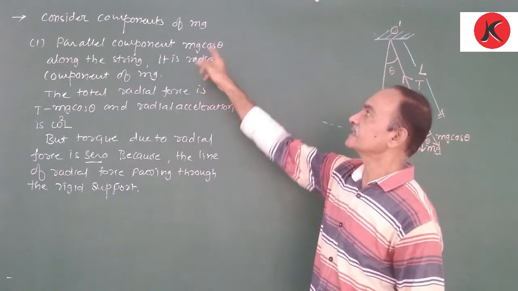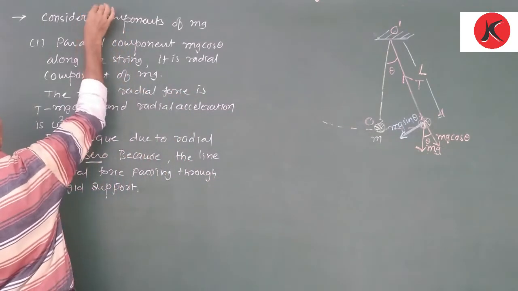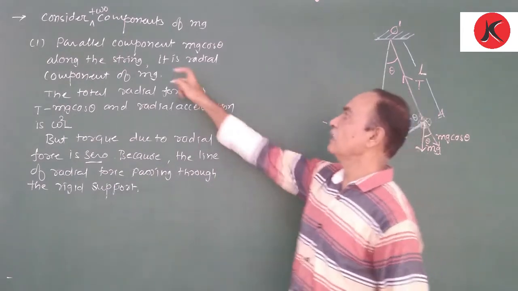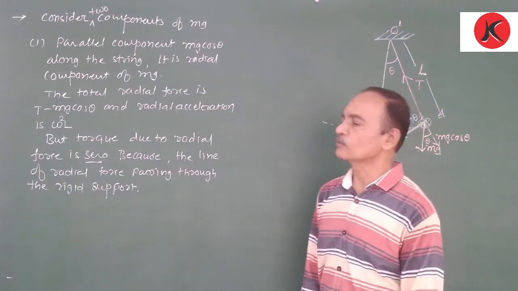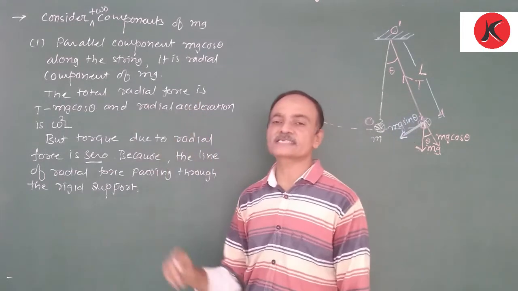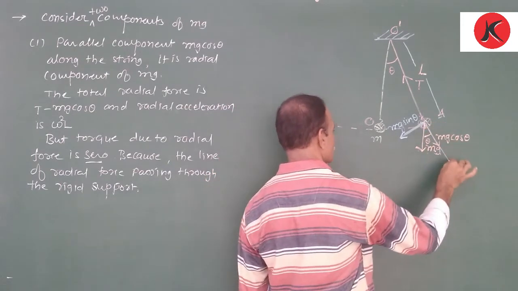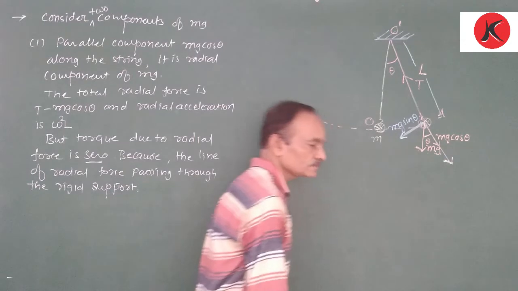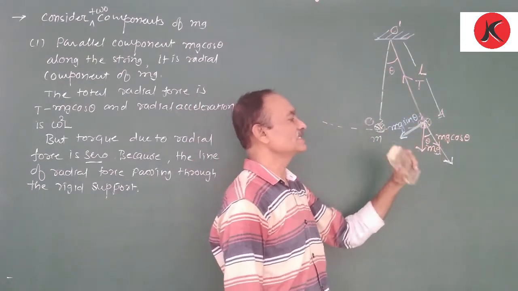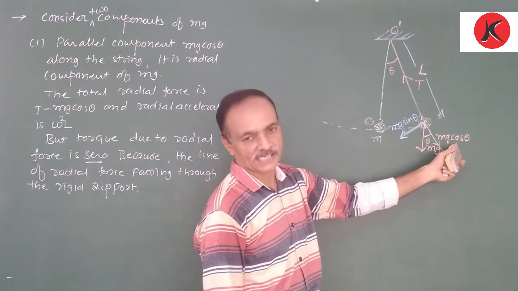Again, we consider the two components of mg. One is the parallel component mg cos theta along the string, known as the radial component of mg. The total radial force is T minus mg cos theta. Here we consider this component of force along the direction of the string, therefore the resultant force is T minus mg cos theta.